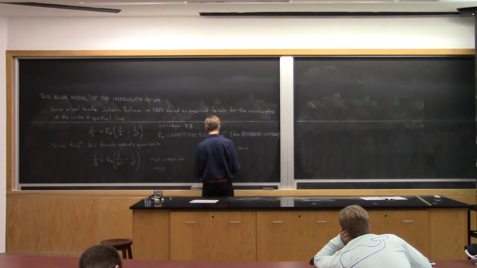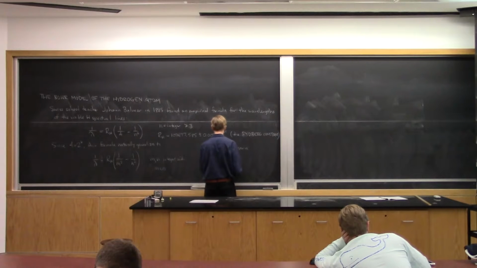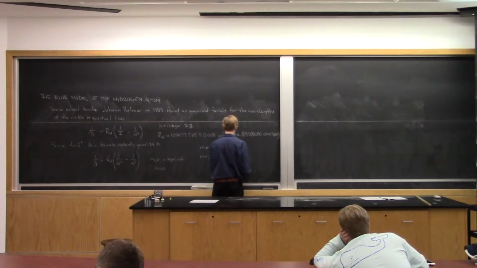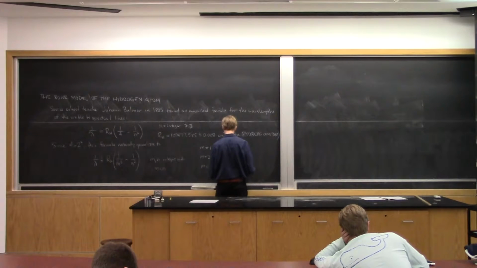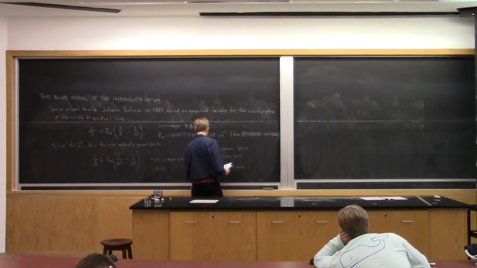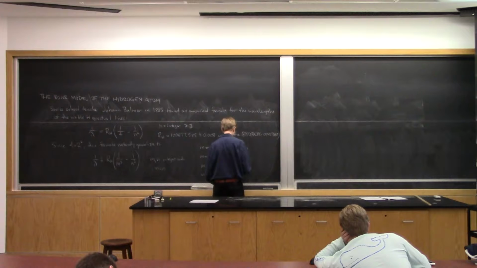And if m is equal to 2, that's the one we call the Balmer series. M equals 3 is the Paschen series. M equals 4 is the Brackett series.